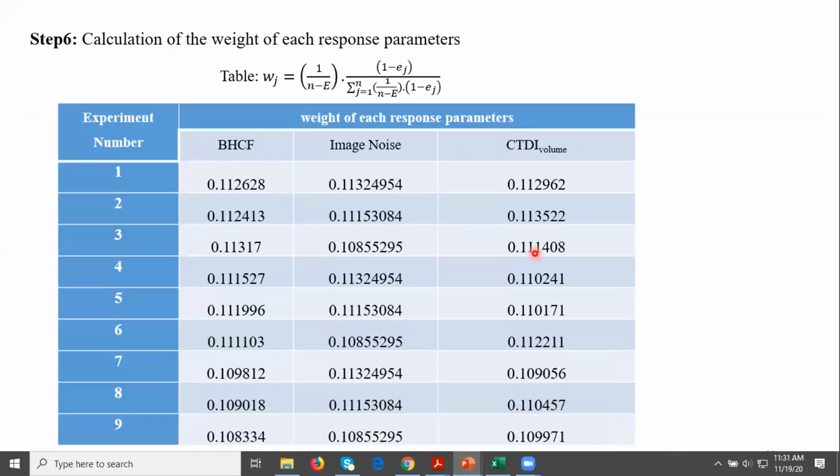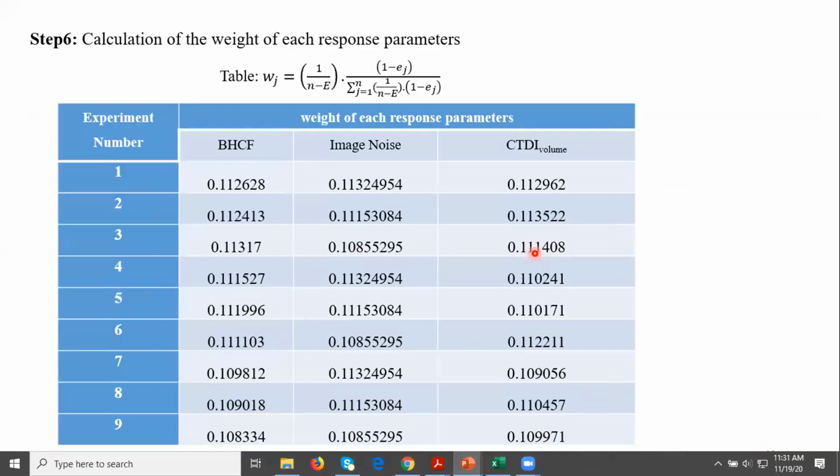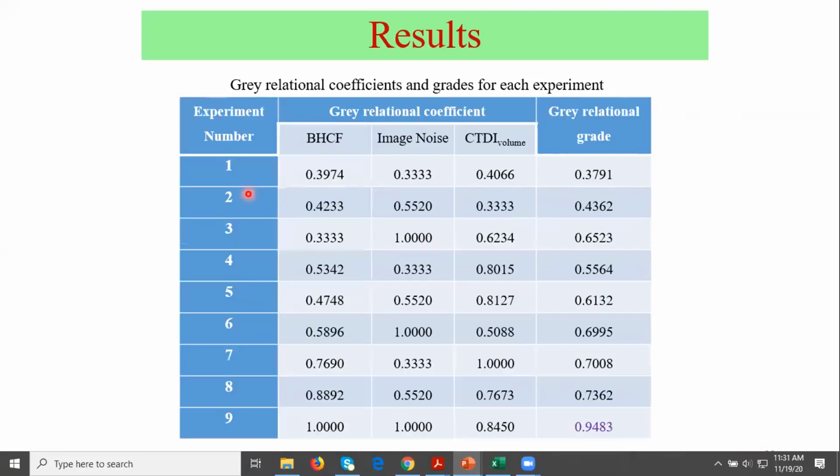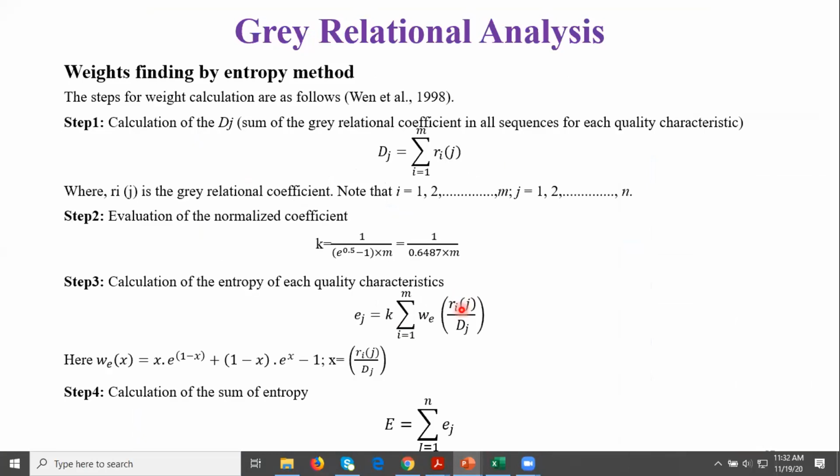Now, after doing this, the gradation grade. So here, this is the weight function. These weight functions, with the formula to get the gradation grade, you have to multiply with the gradation coefficients. This is the Rij value.